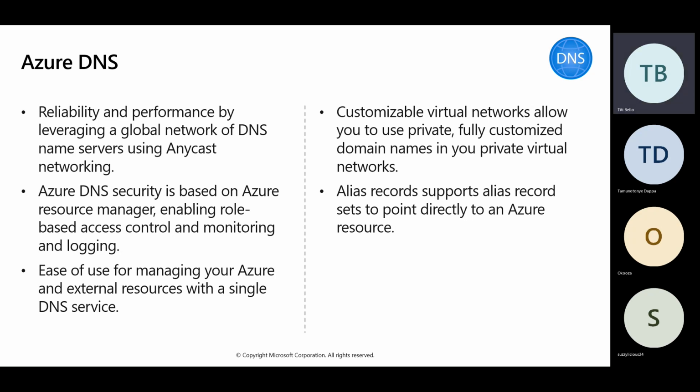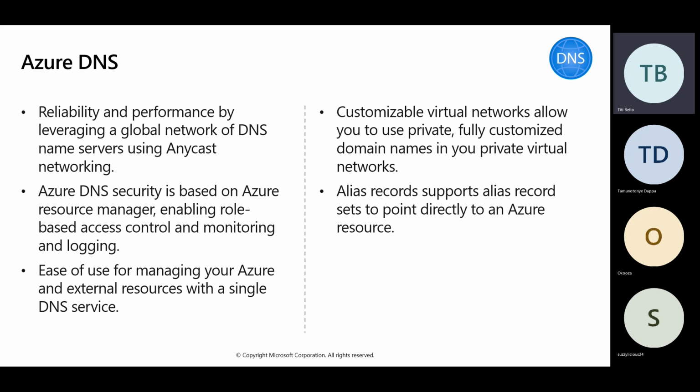On Azure DNS, you can create a record. You will need to go and create a record depending on the type of record. There are different types that you can create. You can create what we call an A record. An A record is just a name to an IP address. You can create what we call a TXT record, that's a text record.